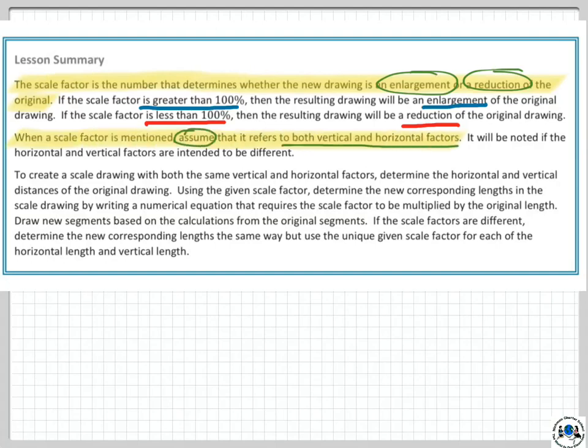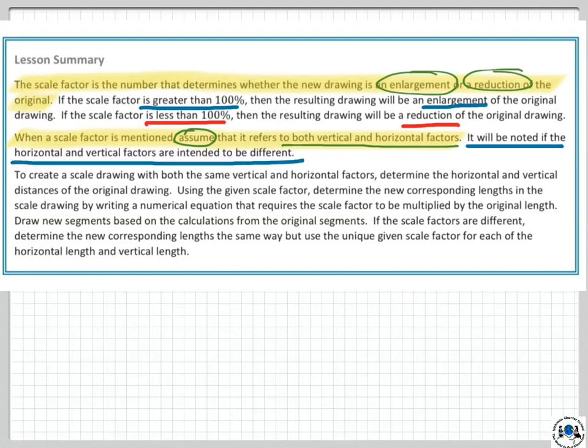Now, when a scale factor is mentioned, as I had mentioned before, assume that it refers to both vertical and horizontal factors. So if we say we're going to apply a 50% scale factor to this drawing, you're going to assume they mean both horizontally and vertically. Don't need to even question that.